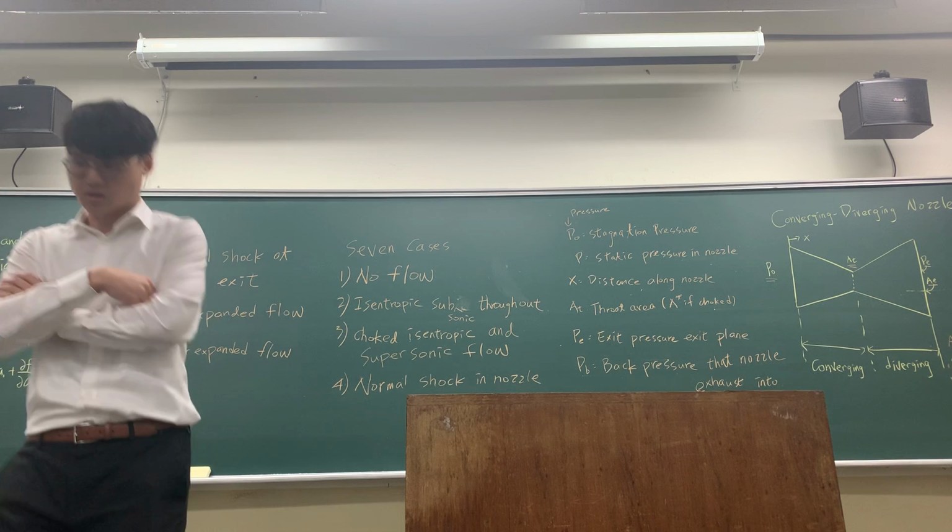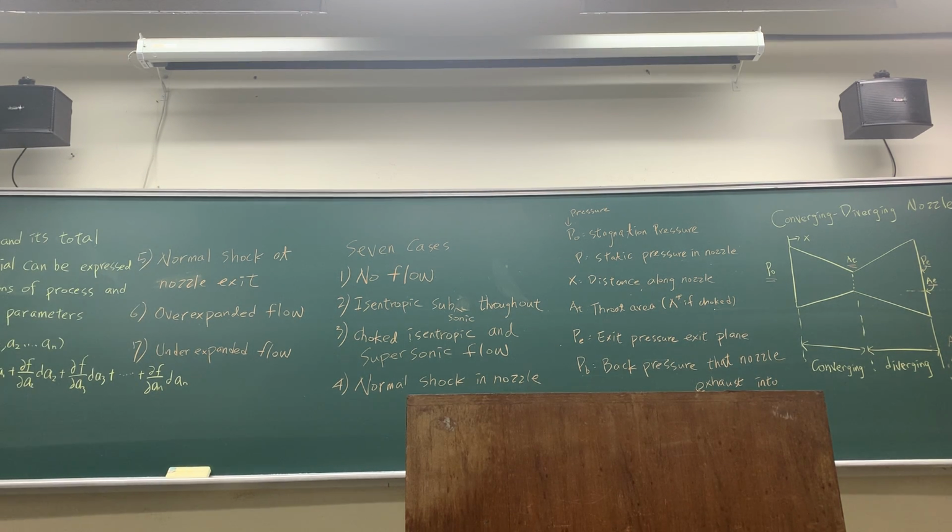So the seven cases: first is no flow. Second is isentropic subsonic throughout, and third is choked isentropic subsonic and supersonic flow. Four is normal shock in nozzle, five is normal shock at nozzle exit, and six is overexpanded and underexpanded.